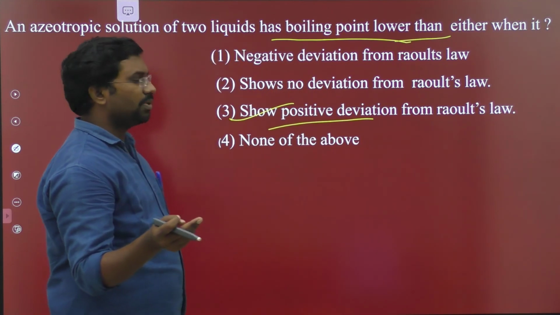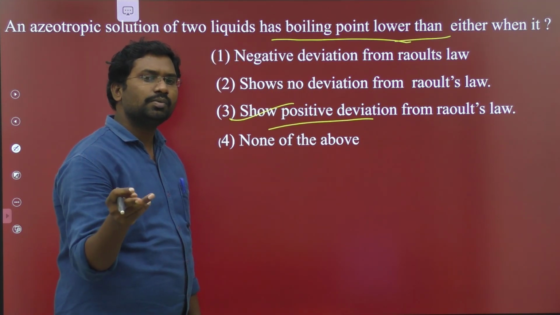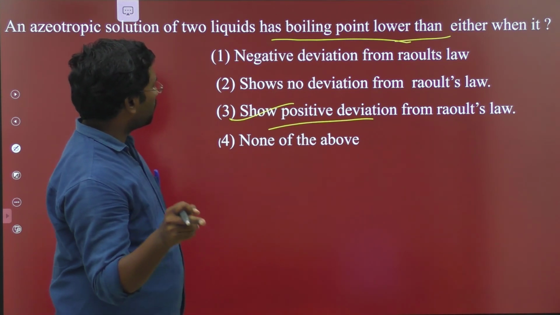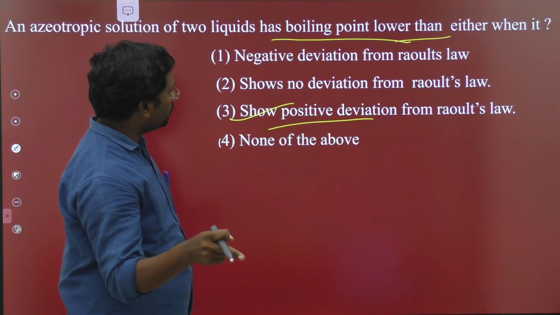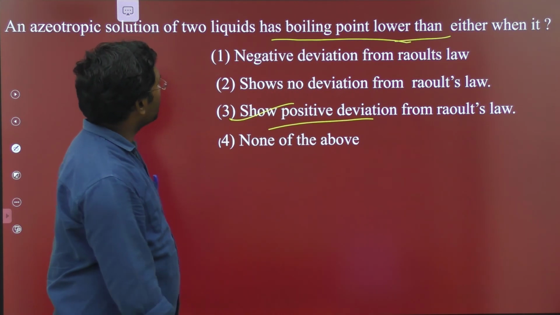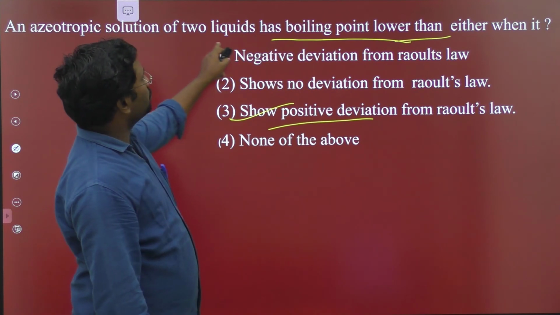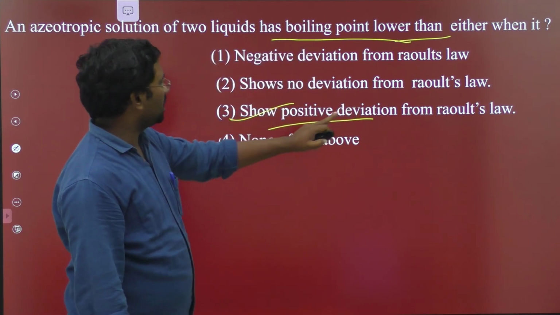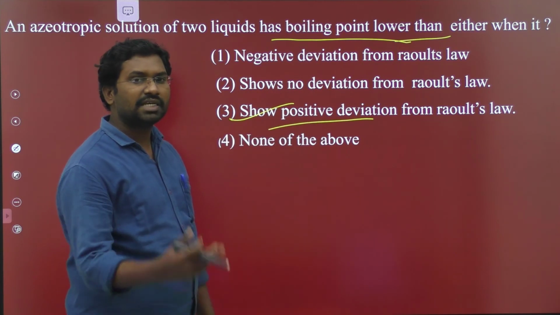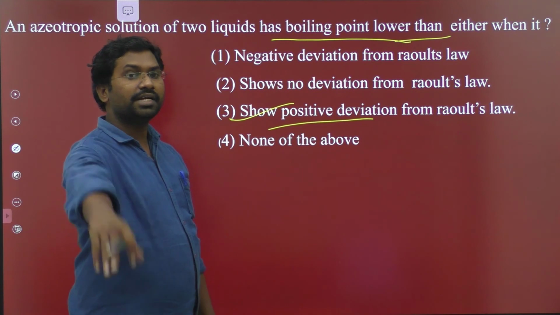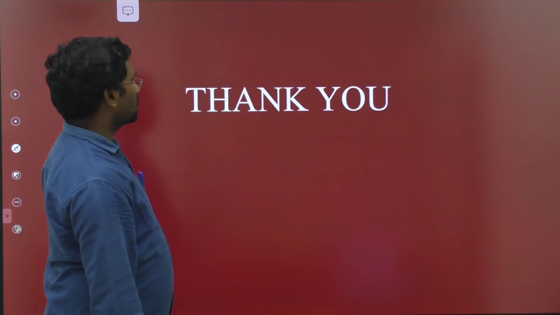So the vapor pressure of the solution is higher than predicted by Raoult's law. In case of positive deviation, the vapor pressure of the solution is higher than predicted by Raoult's law. In case of an azeotropic solution of two liquids with boiling point lower than either, it shows positive deviation. In case of boiling point higher than either, it shows negative deviation. Okay, this is the concept.